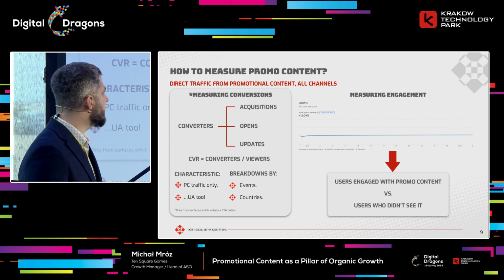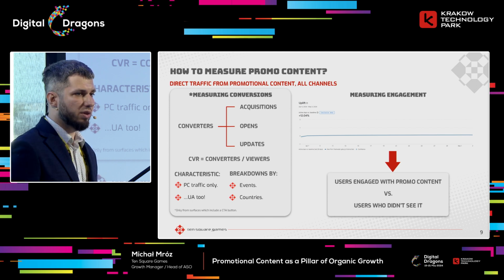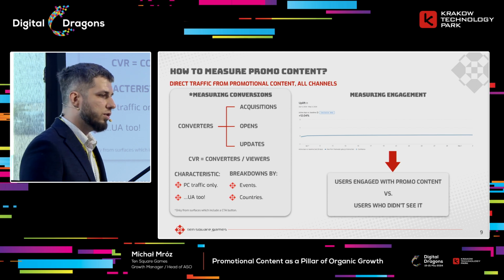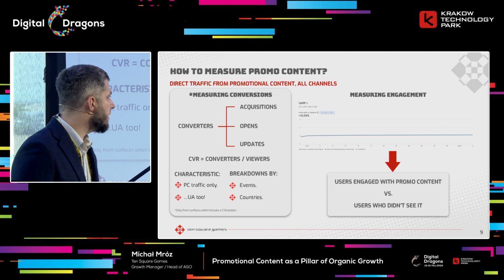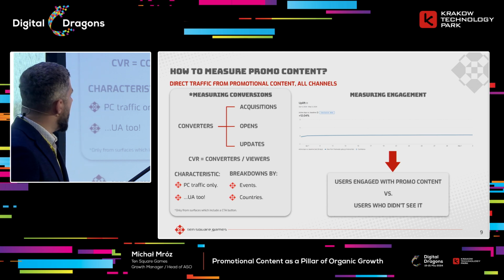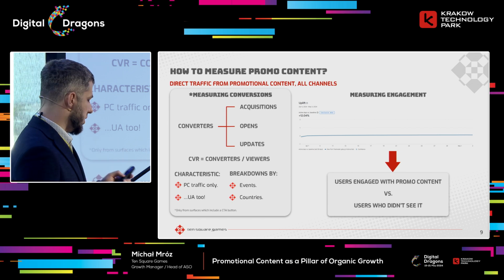And for example, in this particular example, we had a 20% uplift, positively, for those who engage with promotional content. So it was quite a nice result. But this is the first thing. This is measuring just promotional content.